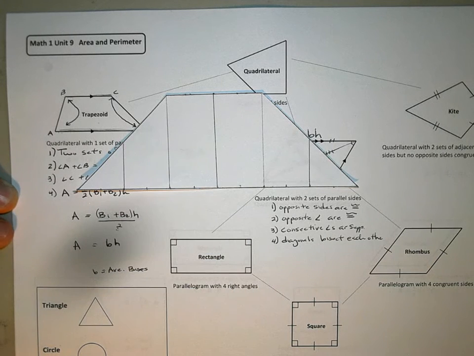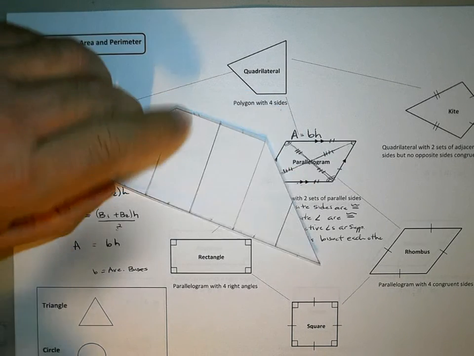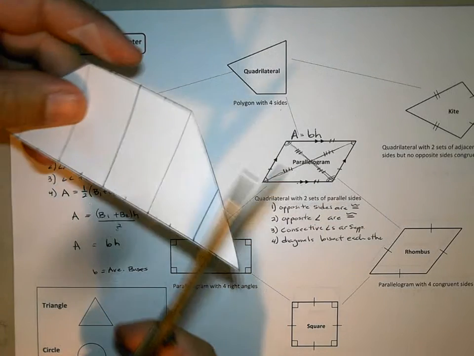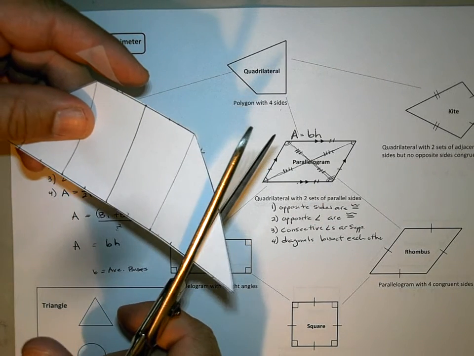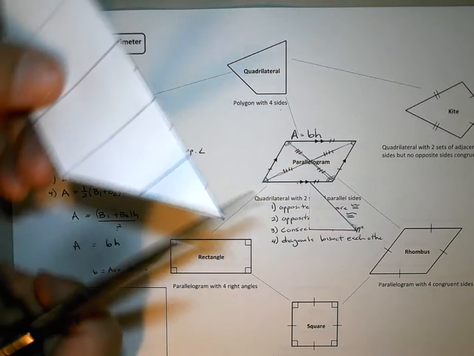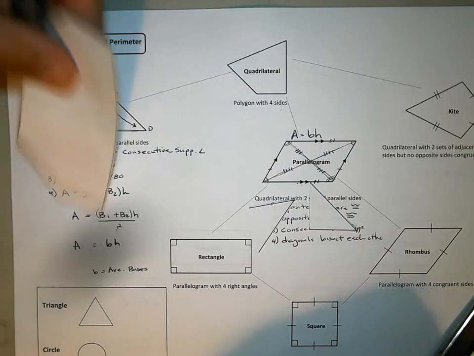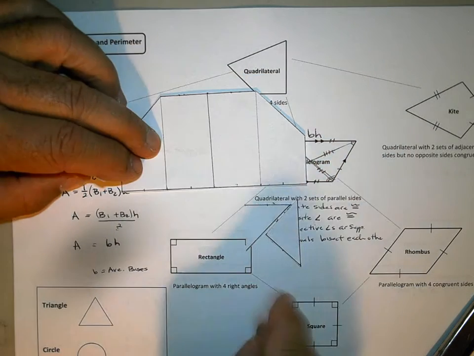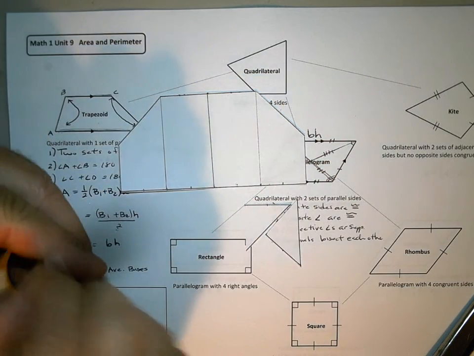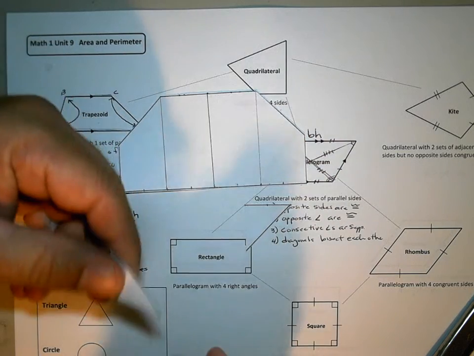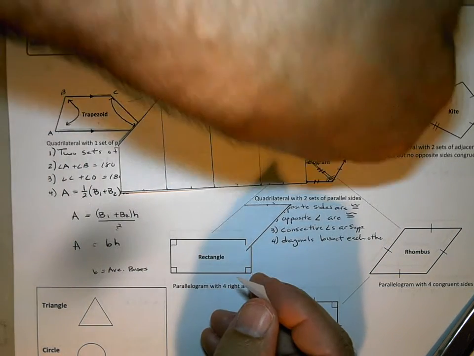let me show you why that works. If I find my scissors here, and what I can do is cut off that section, and I cut off this section, and I can put that right there.